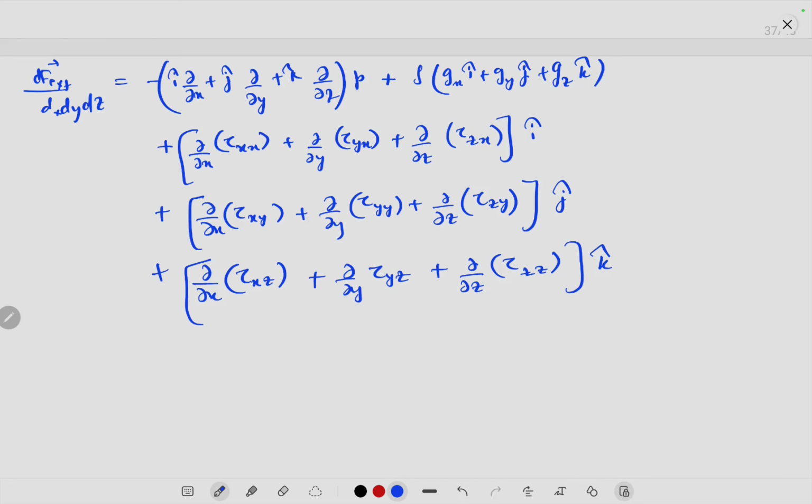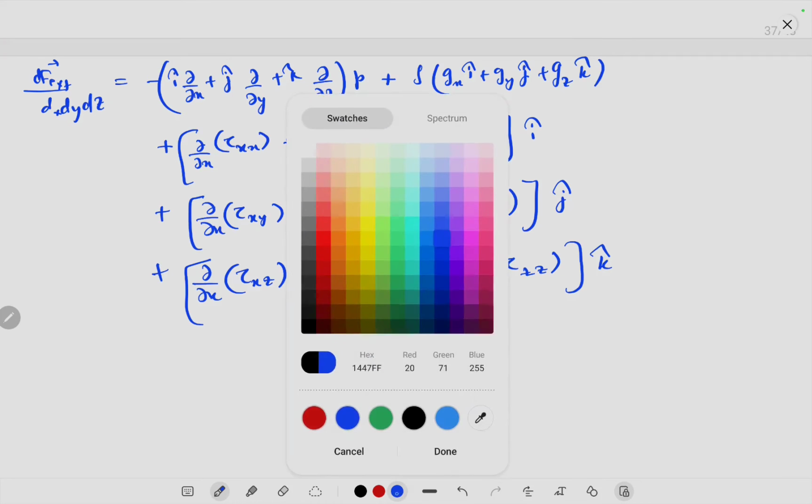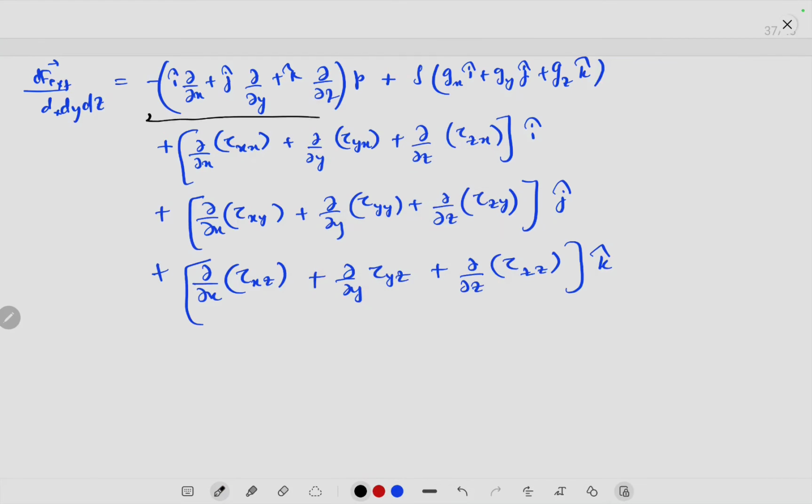Okay, so can you recognize this term? This is the grad vector. Can you recognize this? This is the g vector.